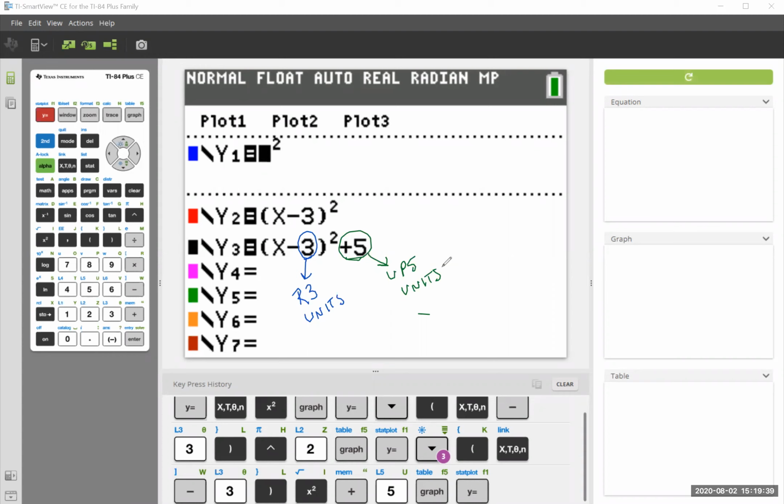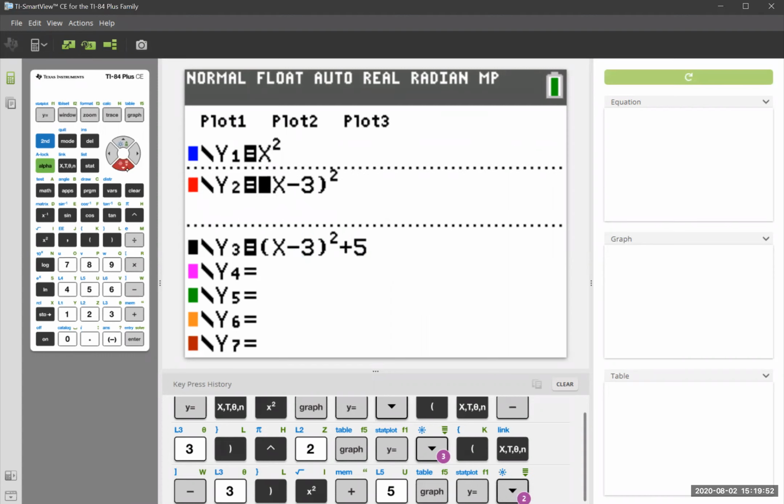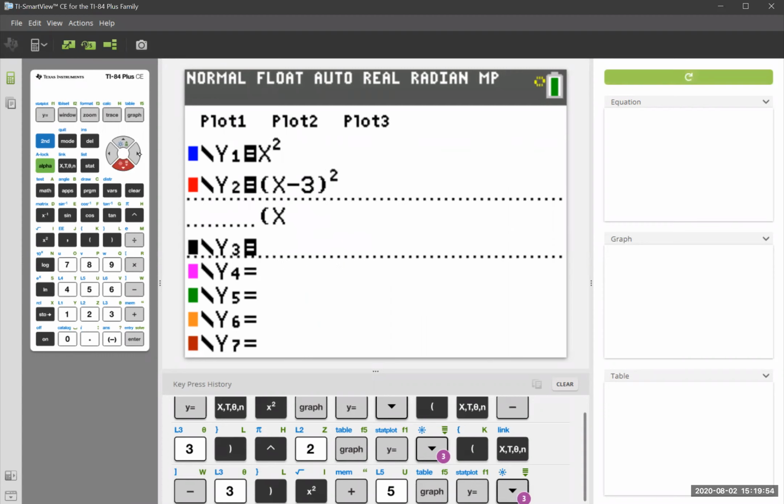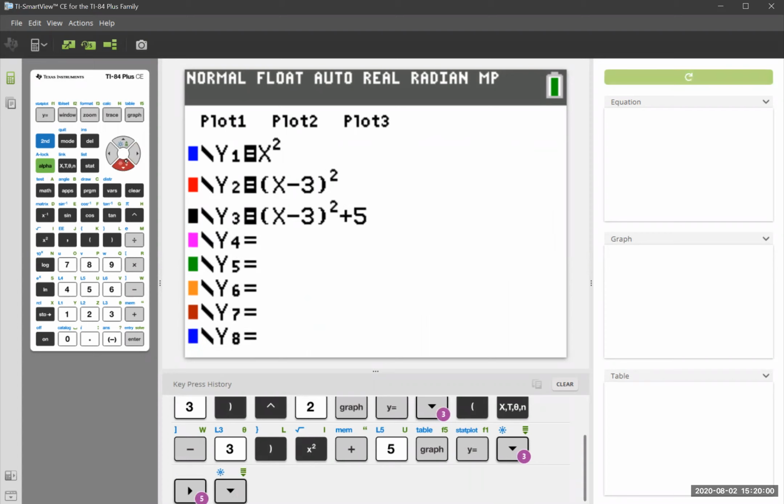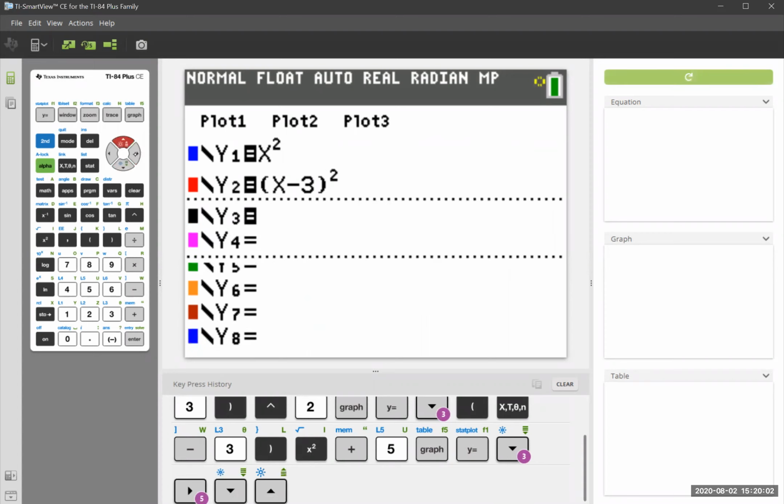So let's go ahead and take a look at our group G. This one is going to look pretty similar. I just have to make a change to our third function. We've actually already kind of discussed this. The only thing that is different in this situation is that instead of a plus 5, we're going to use a minus 5.